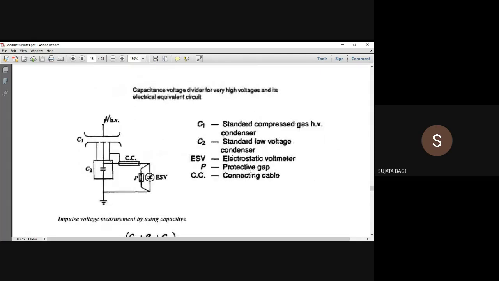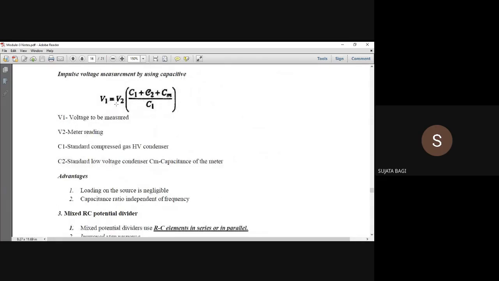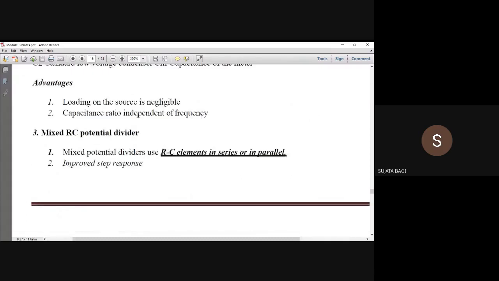The same equation can be written: V1 equals V2 times (C1 plus C2 plus Cm) by C1. C1 is across the HV side, C2 across the low voltage side, and Cm is the capacitance of the meter. The advantages are that there is no source loading, and the capacitance ratio is independent of frequency.